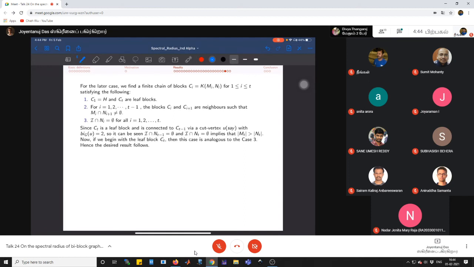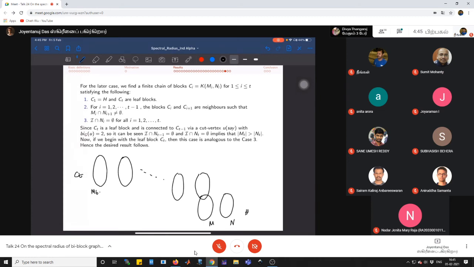From one end, C_1 is H. So this was H, the starting leaf block. Then we have this neighbor, and we are going in this direction. So this is the last. Suppose this is C_t. So C_t has partition M_t and N_t.